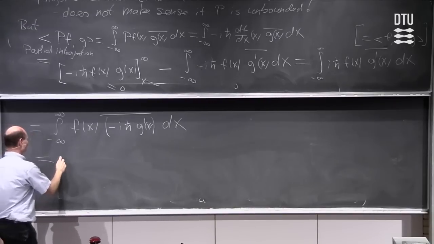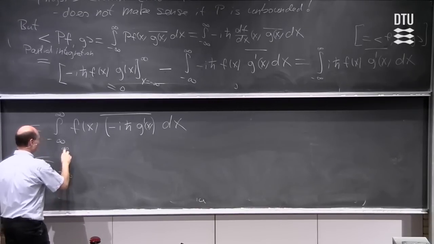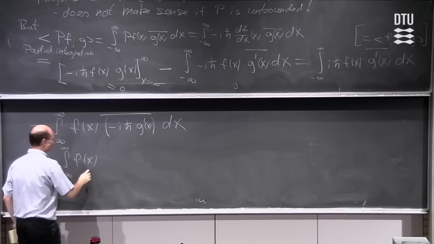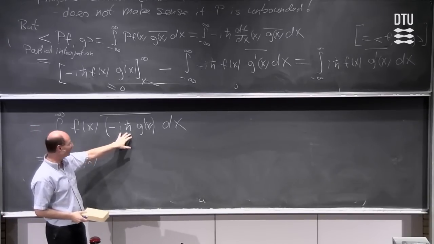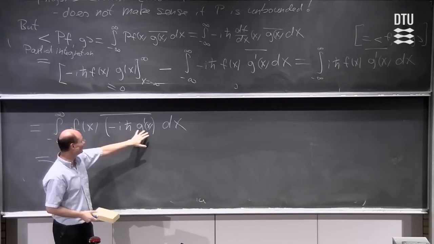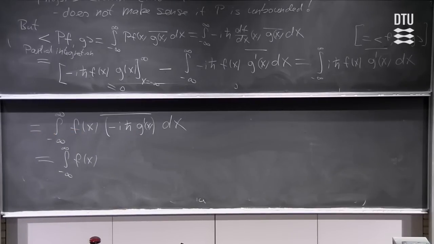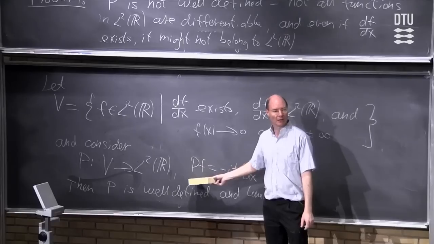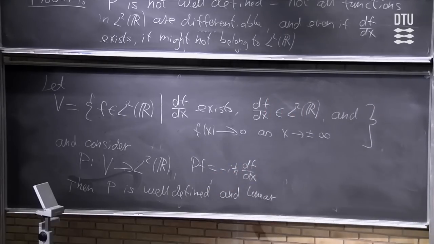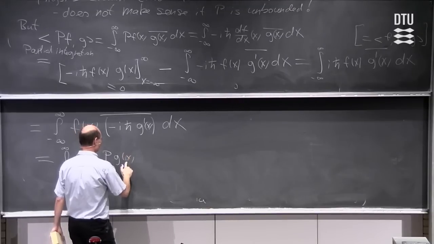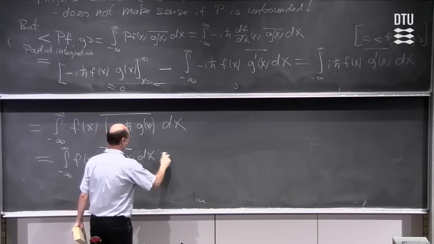And if you look at this, you can see this is the integral from minus infinity to infinity, f of x, and what you have here under the bar is minus i h bar g prime of x. But this is exactly the action of the operator p on the function g. So this is p of g of x complex conjugated dx.